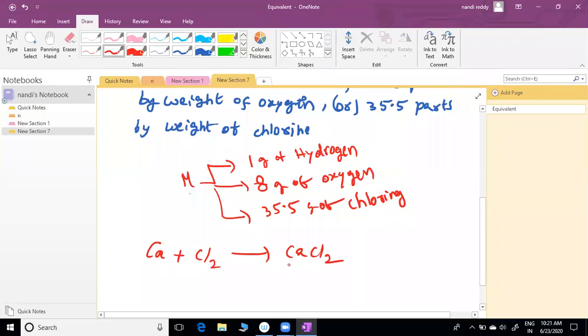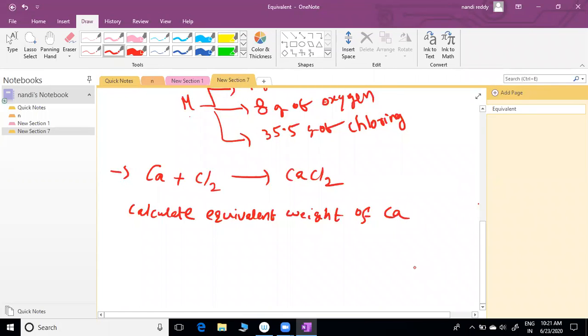The question is: calculate the equivalent weight of calcium. This is a question. Calculate the equivalent weight of the calcium. What is the answer, sir?